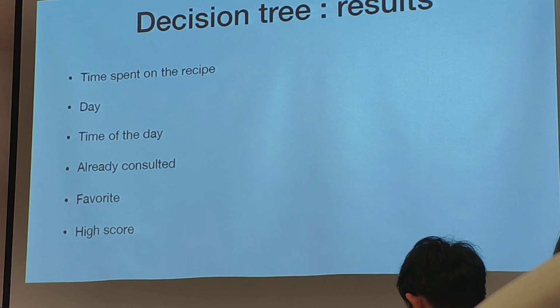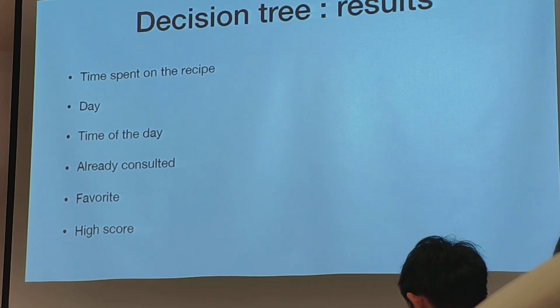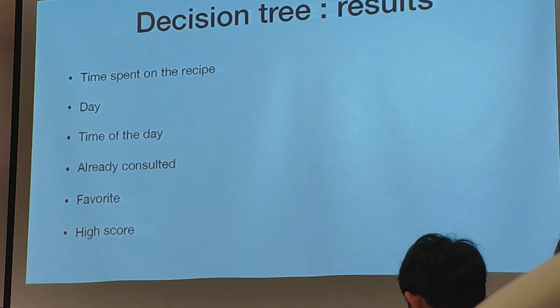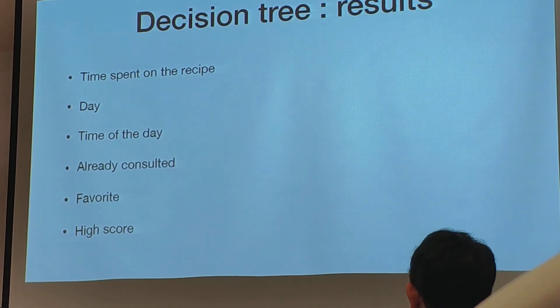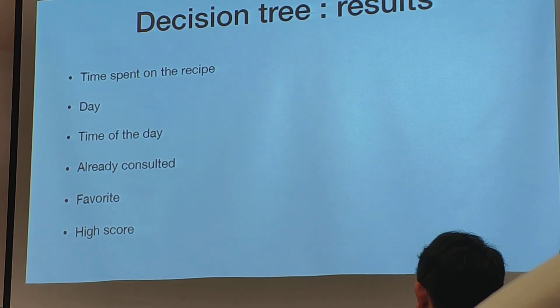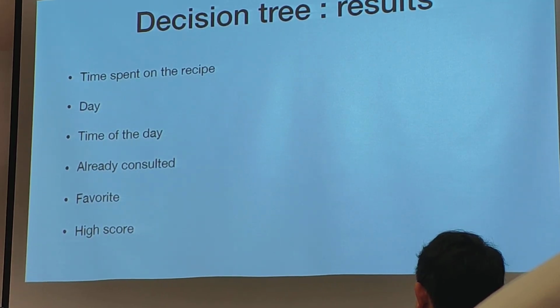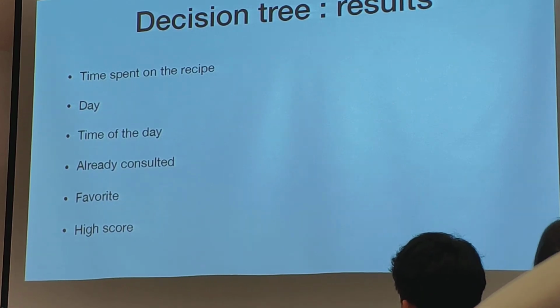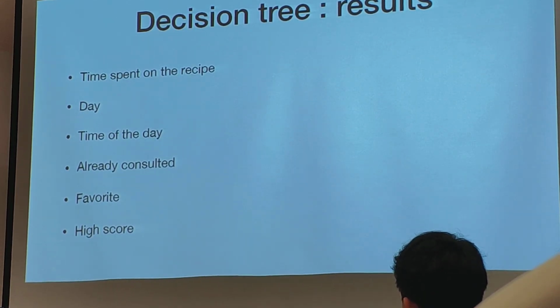So we run decision trees. Actually, we've run a variant, like random forest, on the data. But remember, we have labeled the data. And then what we do is we realize that in order to classify users versus visitors, the important variables were the time spent on the recipe, of course, the day that they looked at the application, because Monday in France is totally different from Sunday, and you would use the application differently.